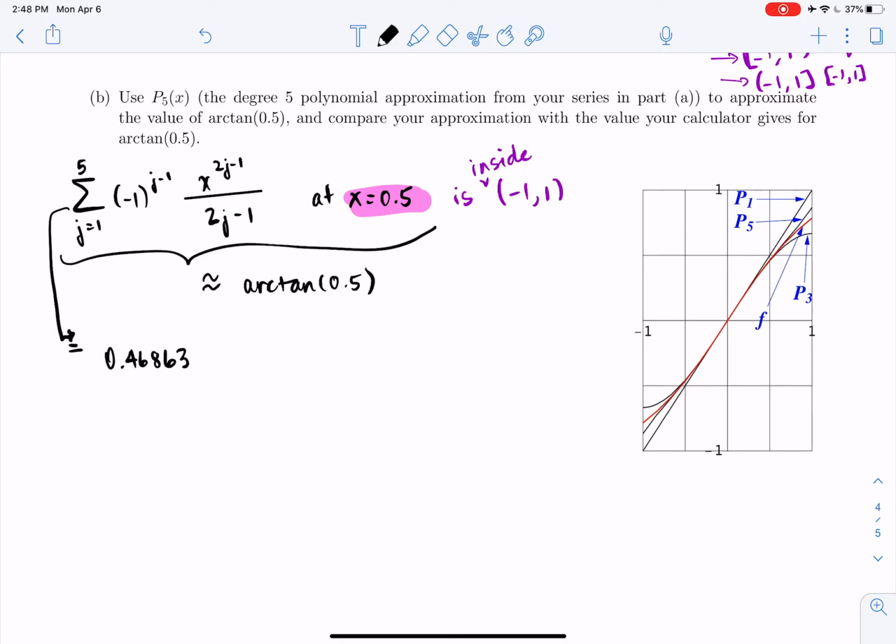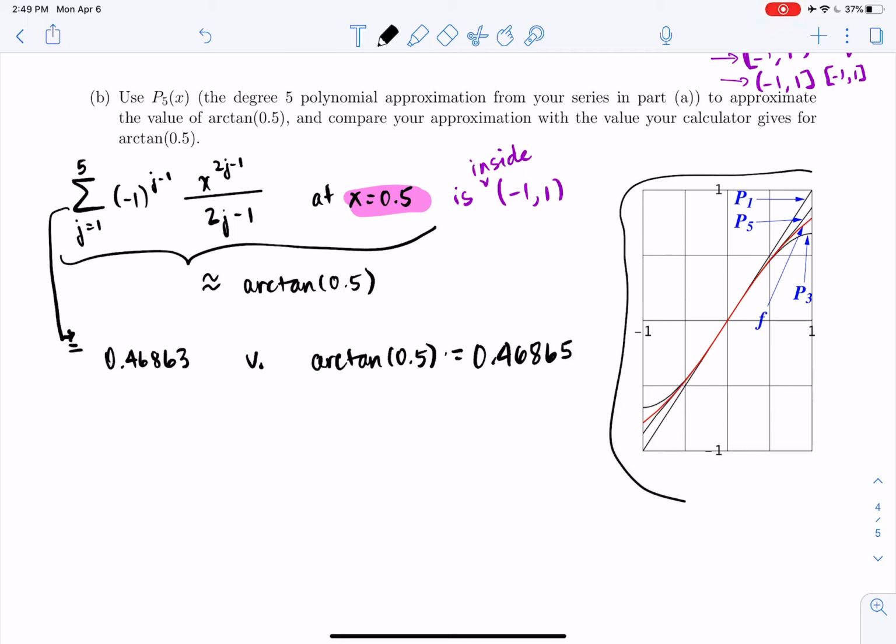The actual value of arctan of 0.5 is 0.468647 or something, so I'll just put 5 here. But you can see how good of an approximation this actually is. It's pretty good. By the way, this picture is basically the Desmos that I just showed you.